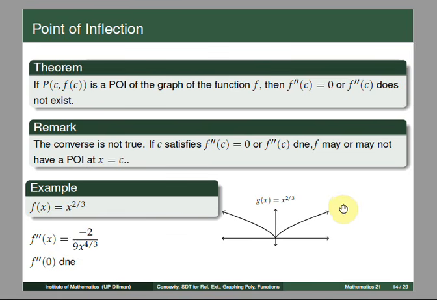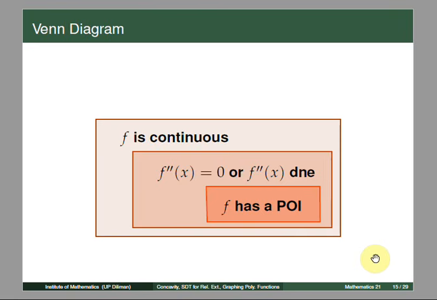So again, if f double prime is 0 or undefined, it is not automatic that it is a point of inflection. But from these points where f double prime is 0 or undefined, we now have a pool of possible points of inflection for our function. We summarize this on the following Venn diagram.